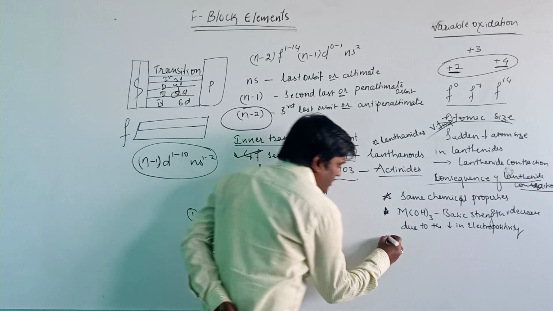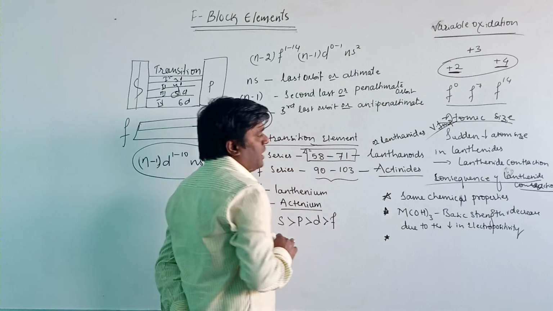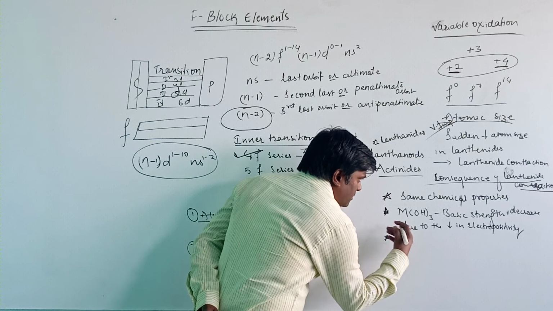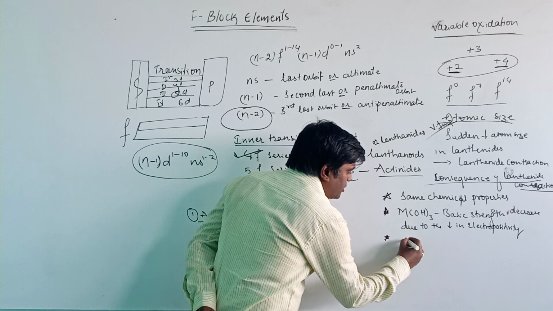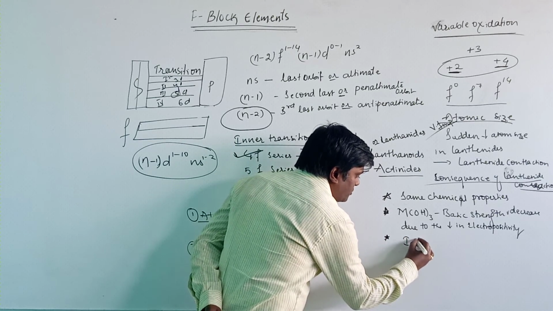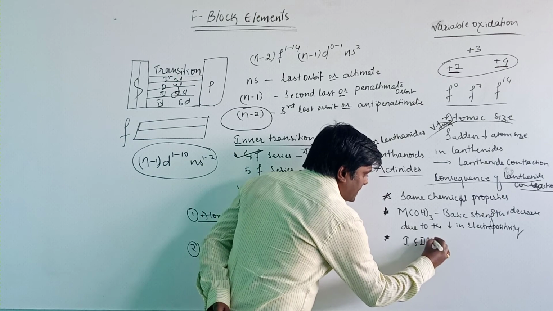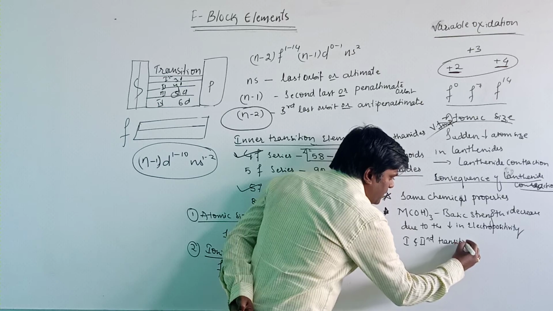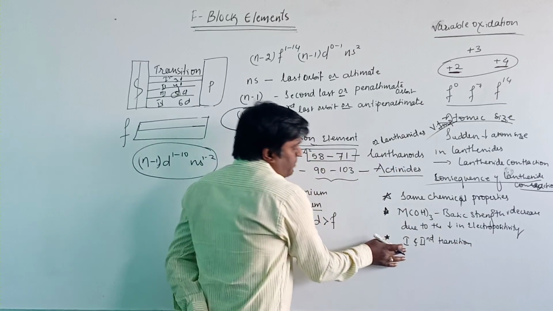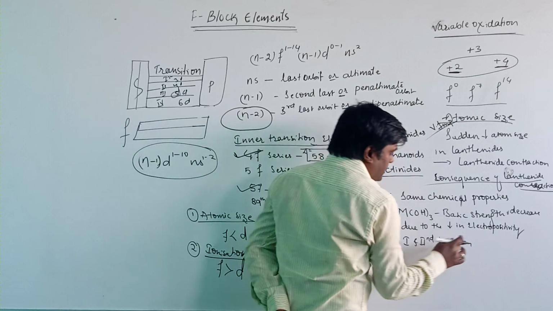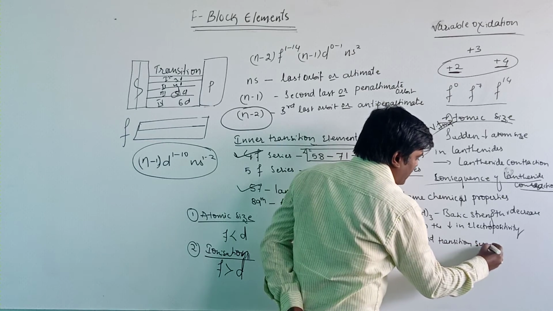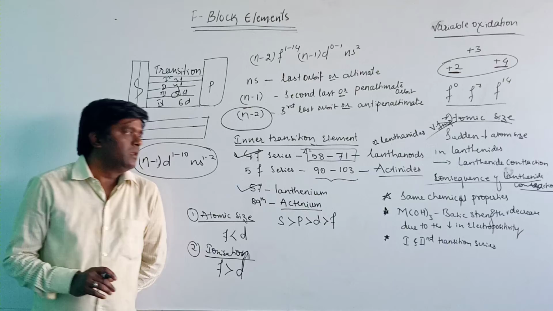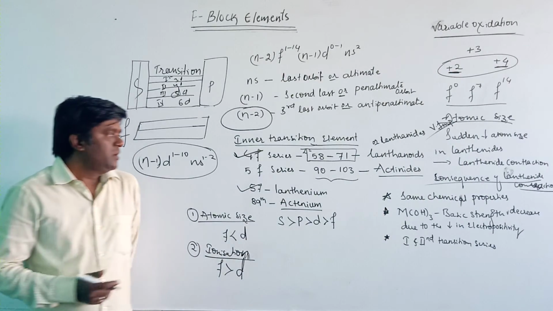The third one: due to the lanthanide contraction, the lanthanide series elements will show similar properties when compared to the first and second transition series elements. These are the three consequences of the lanthanide contraction.